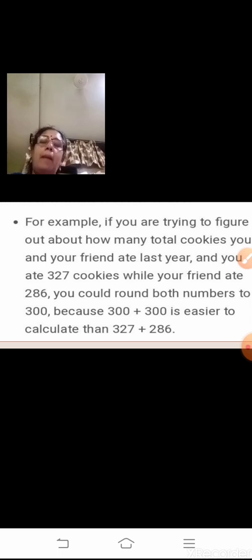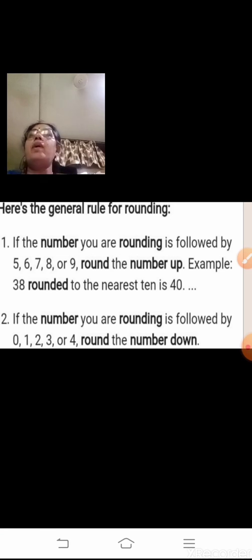So it becomes easy for you to calculate 300 plus 300, that is 600. It is an estimated value. Okay, so by rounding off, you get an estimated value. Instead of adding 327 plus 286, it becomes easy for you to calculate 300 plus 300. So rounding off a number is nothing but making it close by, so that it becomes easy for us to calculate.